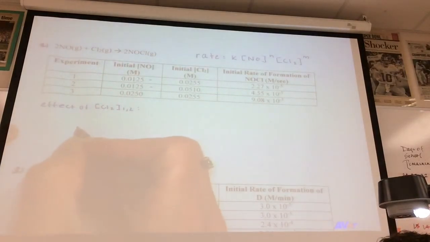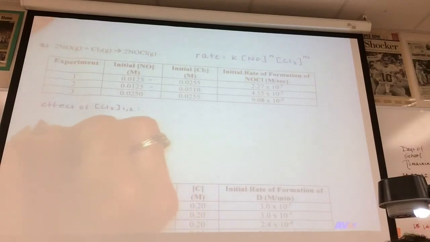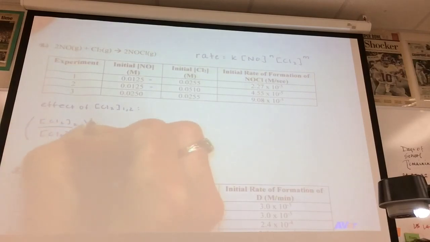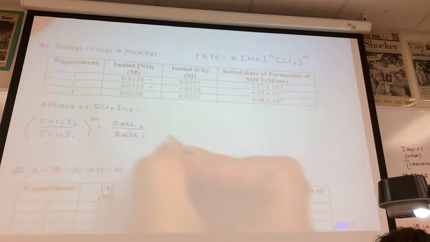I'm going to have the concentration of chlorine in experiment 2. I don't know if you need me to write that out, or if it will be implied from just putting the quantity in. Are you okay with that, or you want me to write everything out? Since you're not answering, I'll write everything out. So chlorine in the second experiment over chlorine in the first experiment, second reactant raised to the m. Rate of the second over rate of the first.